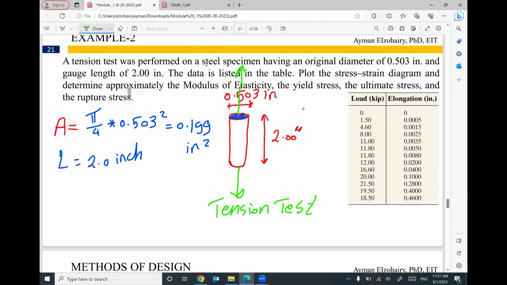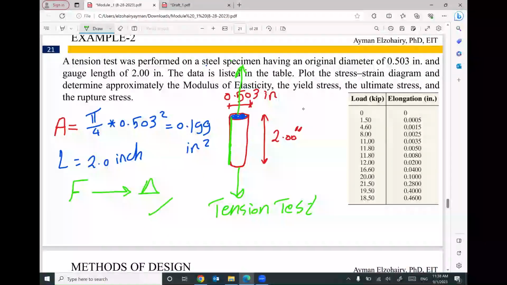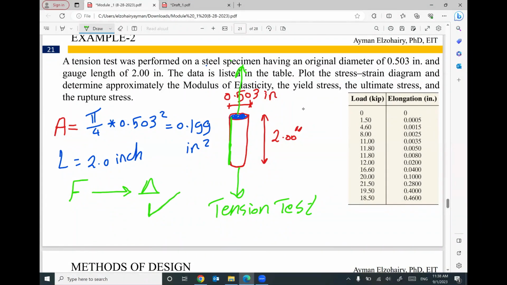During the test, the machine can tell me how much force and how much corresponding elongation, because under tension, the length of this steel rebar will increase. We have stretch, so we have elongation. So how much force? What is the corresponding elongation? This information is given in this table.